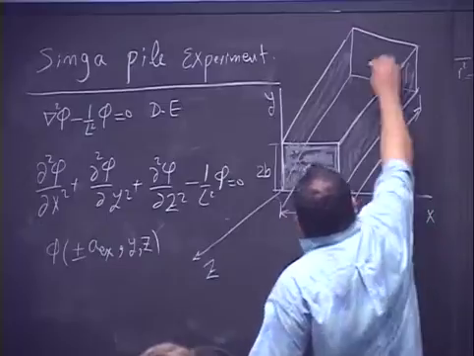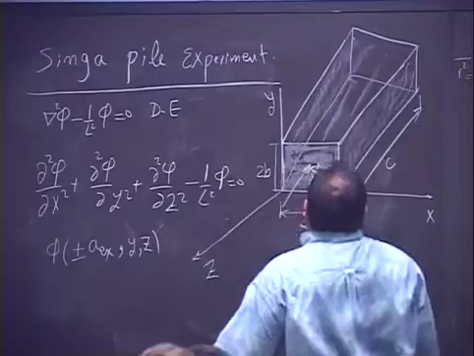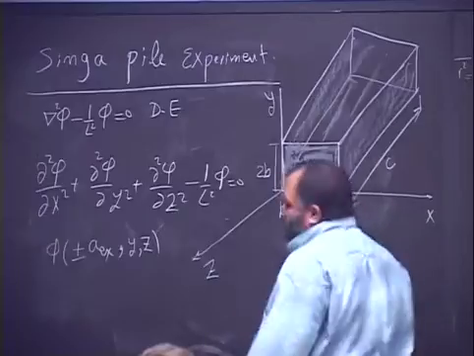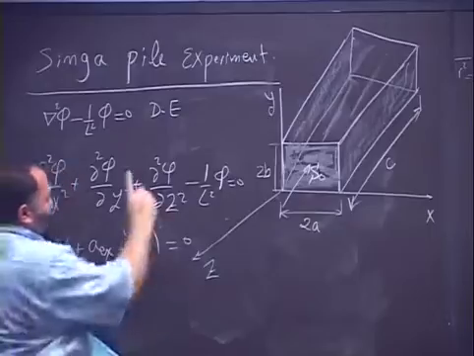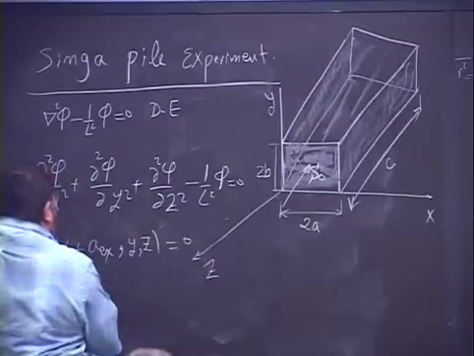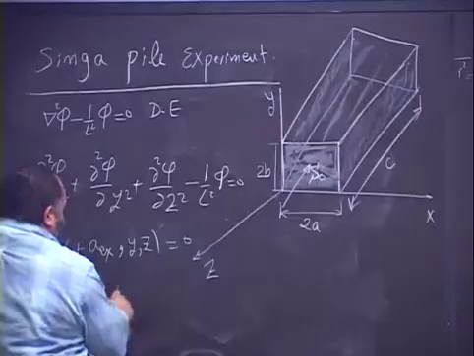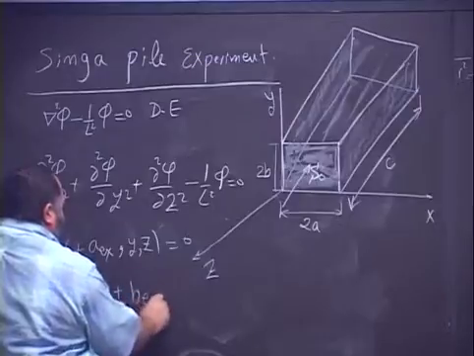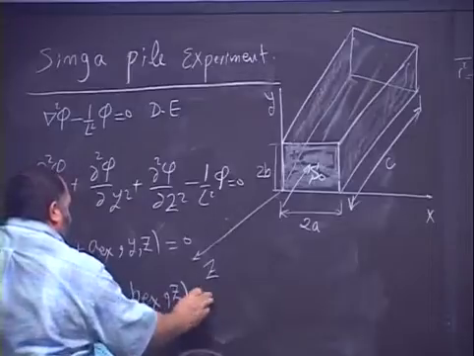And at any point in the top surface and in the lower surface also, you should get 0. So top surface is in the y direction. So this would be phi at x, plus or minus b extrapolated, and z should be equal to 0.